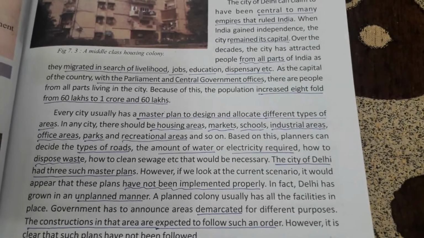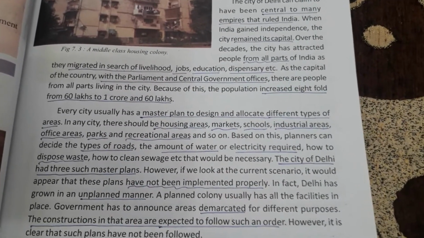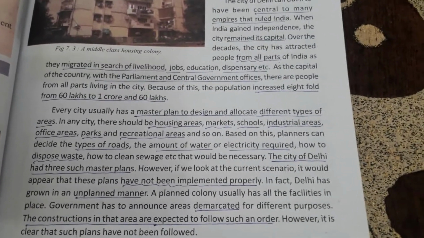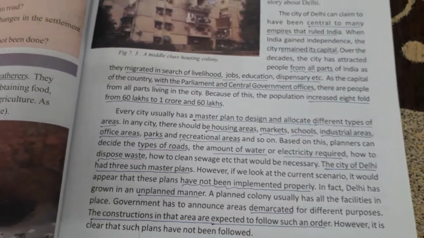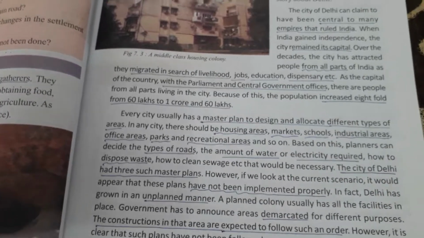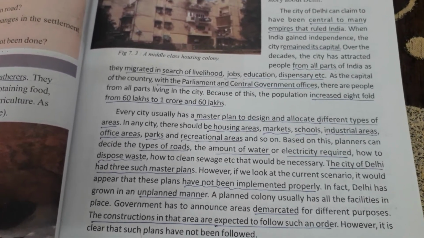That would be necessary. So the city of Delhi had three such master plans. At the beginning, they had one plan. Later, that plan was changed three times based on the growing population, growing settlements.